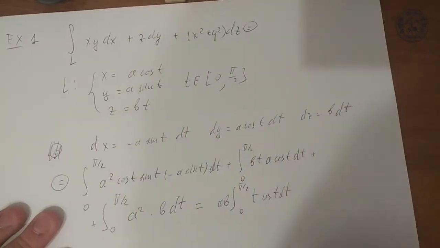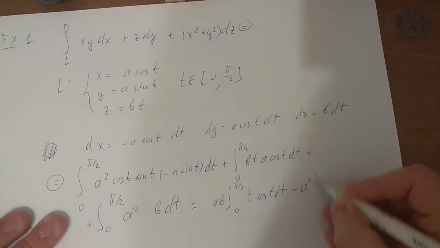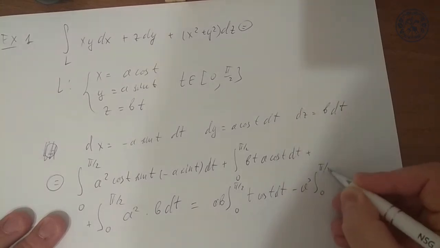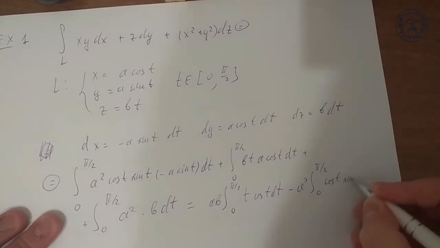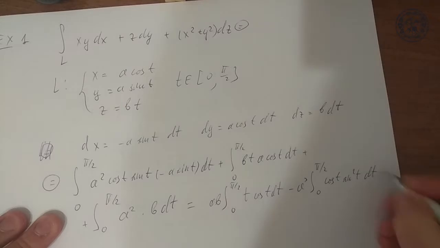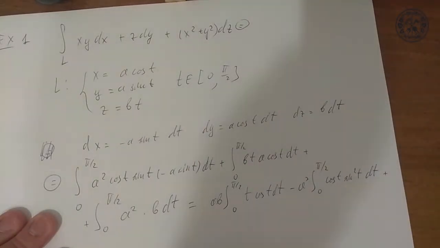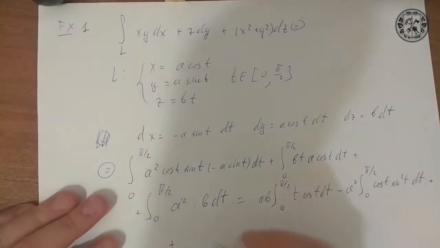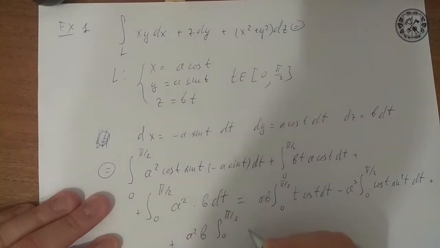The first integral will be a cubed, integral from 0 to pi over 2, cosine t sine squared t dt, and the final integral will be a squared b, integral from 0 to pi over 2 dt. Let's calculate these integrals.